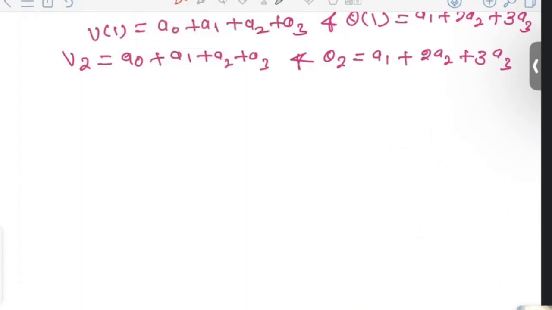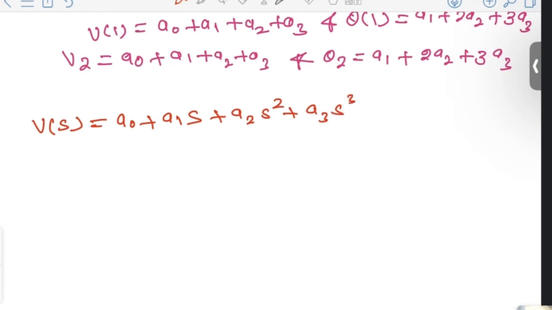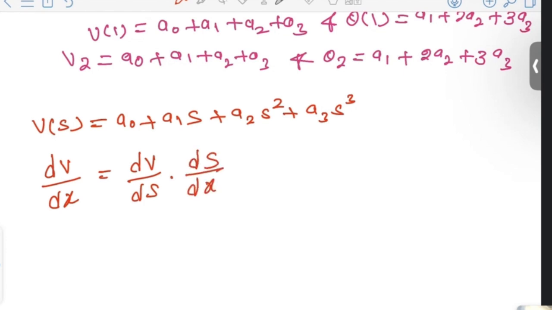This is our trial function: A naught plus A1 s plus A2 s square plus A3 s cube. What will be dv by dx? dv by dx will be dv by ds into ds by dx.